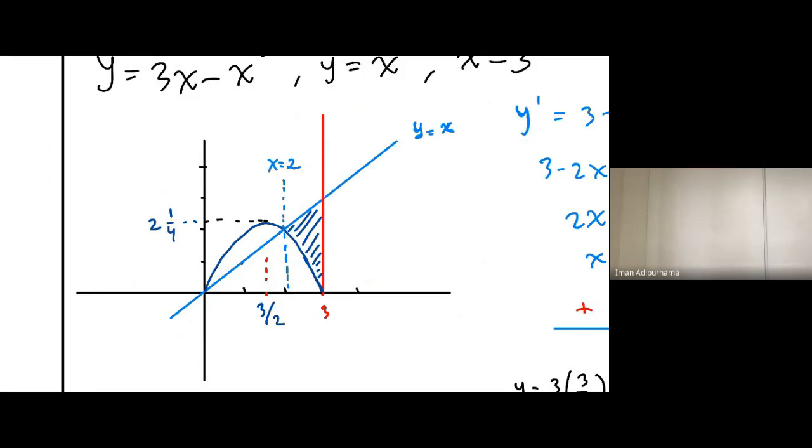If you see this curve and this line, this part is not included, right? So that's not our area between curves. We need to include all three. So 1, 2, and 3. So only this area. Except if the question is asking differently.